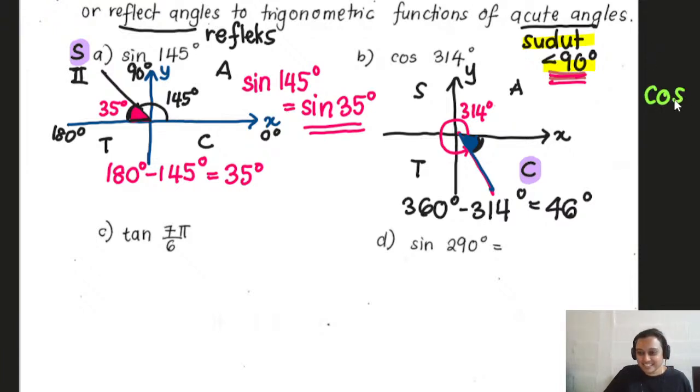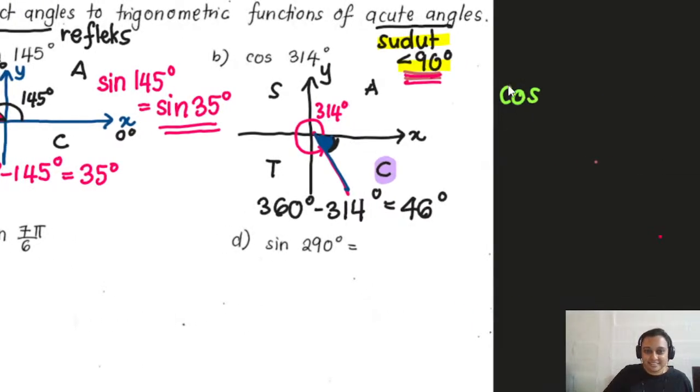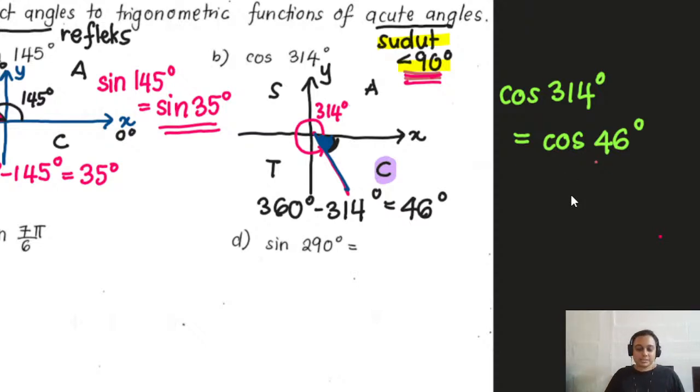So cos 314 sama dengan cos 46. Cos is positive. So you double check. Cos 314 sama tak dengan cos 46? You check in the calculator. You get the same answer. Dapat jawapan yang sama.